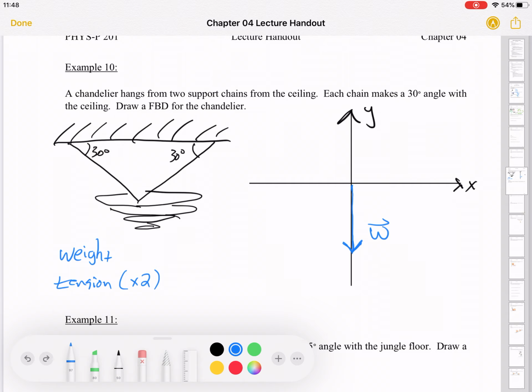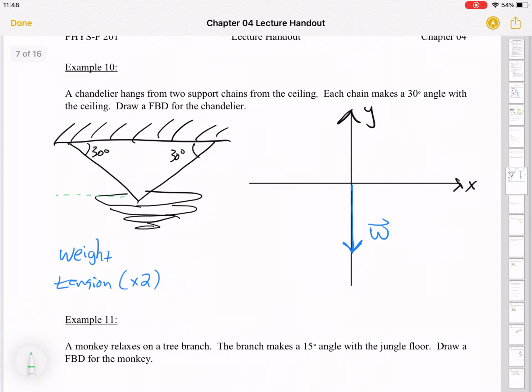Okay, so that leaves these two ropes pointing up and to the right and up and to the left. And I'd like to see what angle they make with the x-axis. Well, the x-axis is right here on the picture. And you see that it's parallel to the ceiling? And then there's this line that cuts through it.